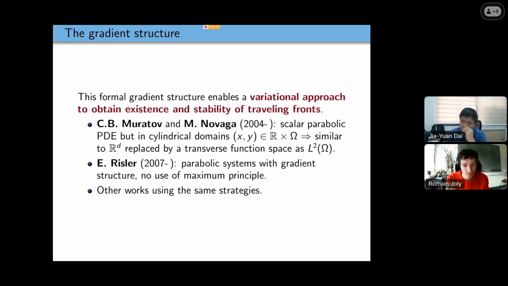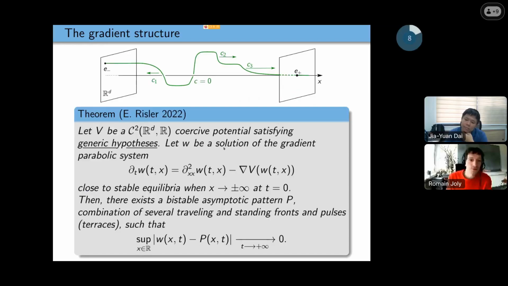So he just used this gradient structure to obtain a lot of dynamical properties. And so let me just give you an example. It's a very powerful tool. So more or less, this is like a statement coming from the work of Emmanuel.